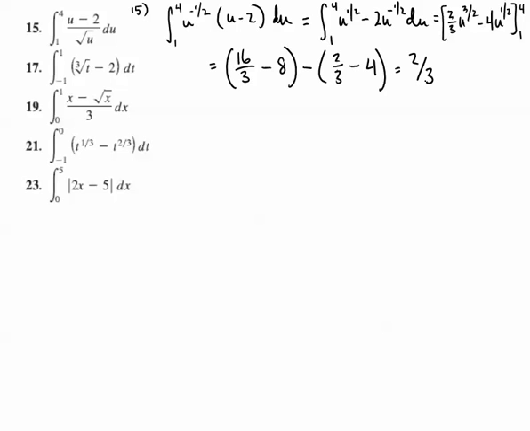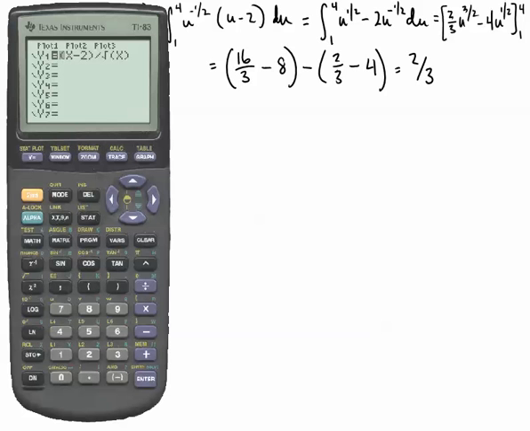All right, so very quickly I'm going to show how this works on the graphing calculator. So I put the function in, and I want to put the function in its original state, not in my rewritten state, because maybe I made a mistake when I rewrote. And so I want it in its original state, which is u minus 2 divided by square root of u.